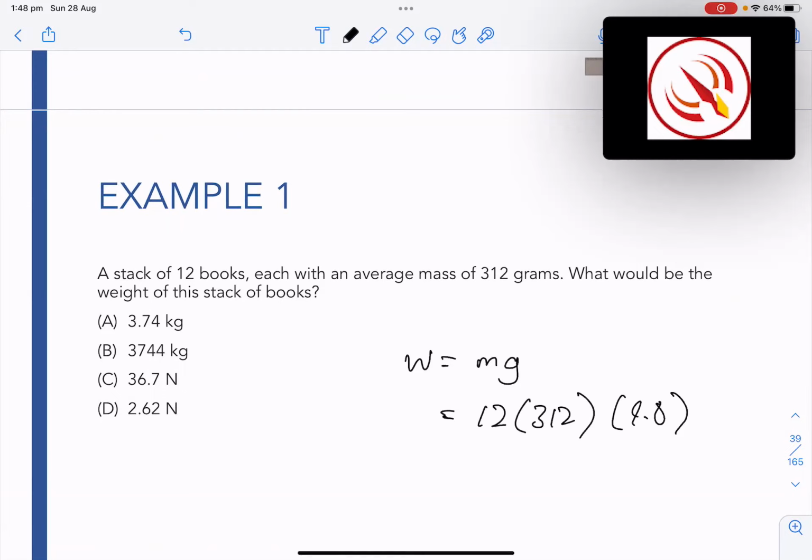Let's convert this to kilograms first in order to get an answer in standard units. 12 times 0.0312, times 9.8, getting 36.6912. We'll leave it at that, or if we round it up, we're going to get C.